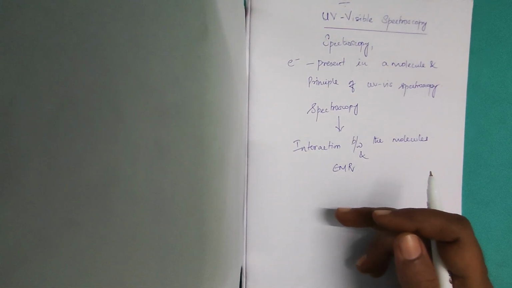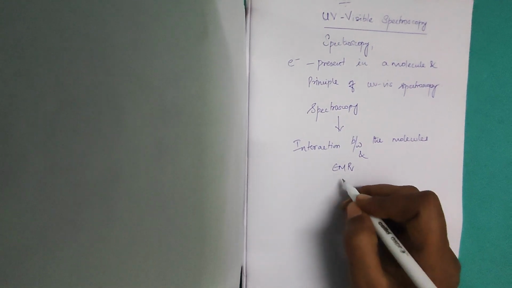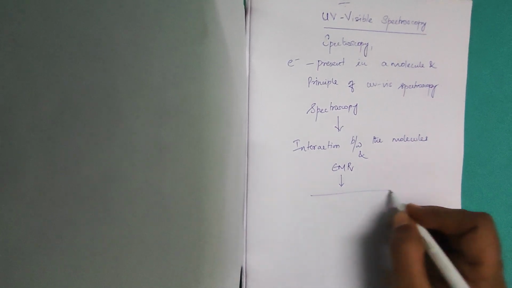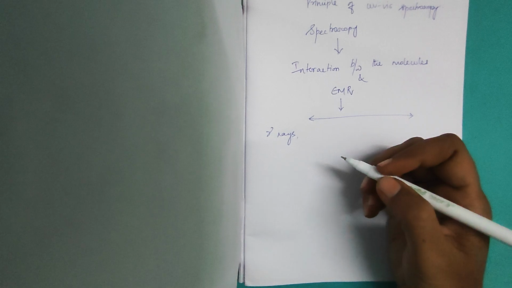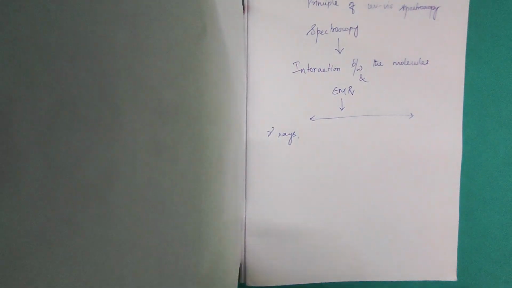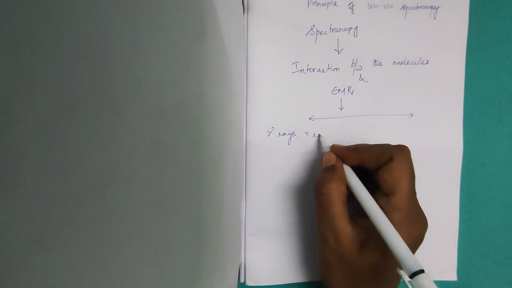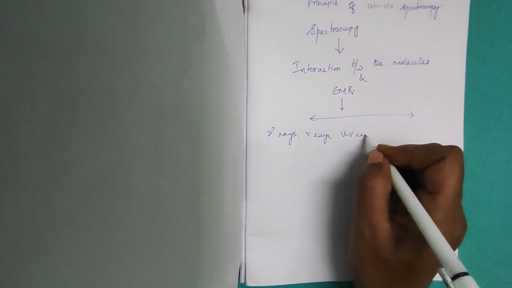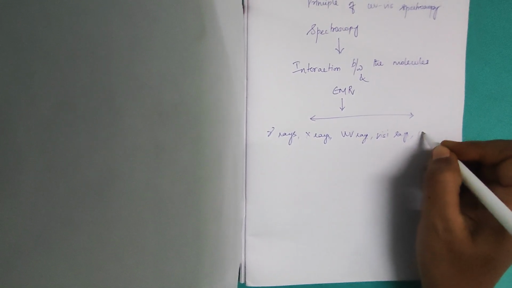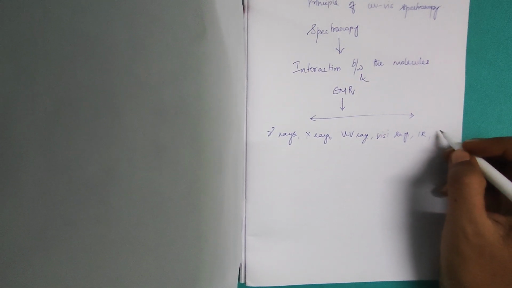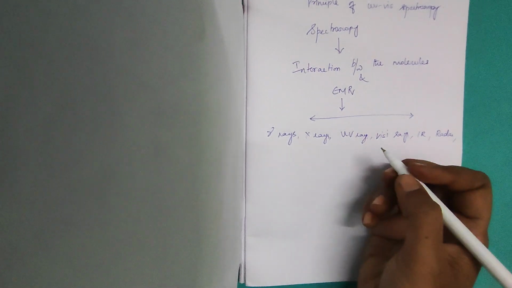various waves, right? Electromagnetic radiation is composed of various light rays, so this EMR is nothing but a range of light rays which comes from gamma rays, X-rays, UV rays, visible light or visible rays, IR, then you have radar, then you have other types, right?